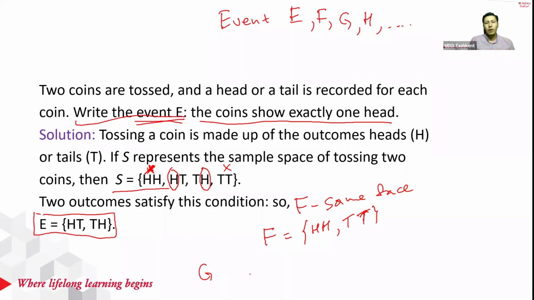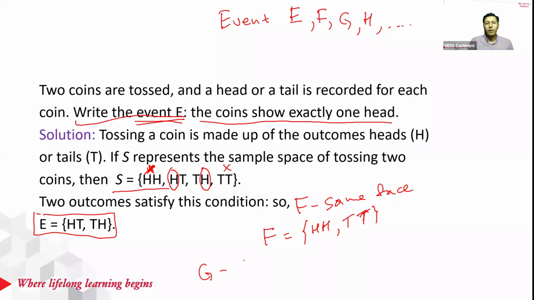Okay, they may ask, if you toss 2 coins, what is the probability of getting same face? Getting same face is event. Tossing 2 coins, from there you get sample space.